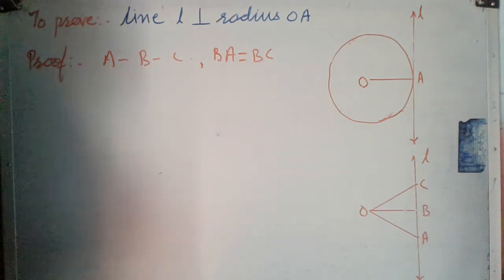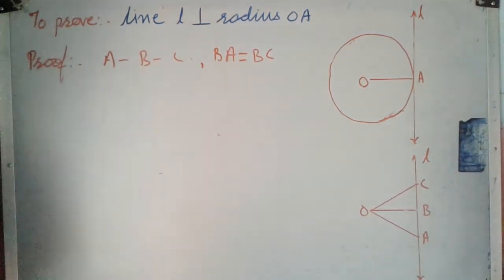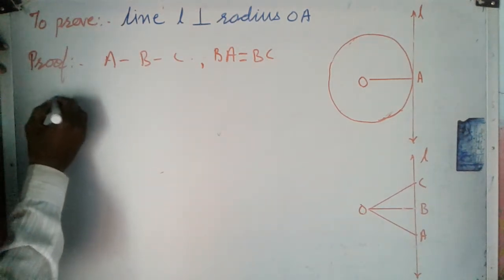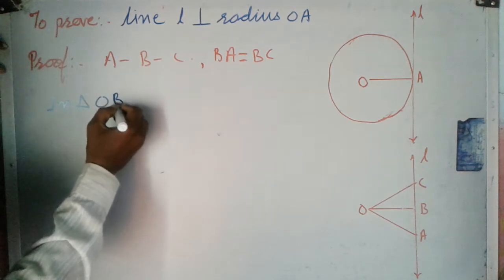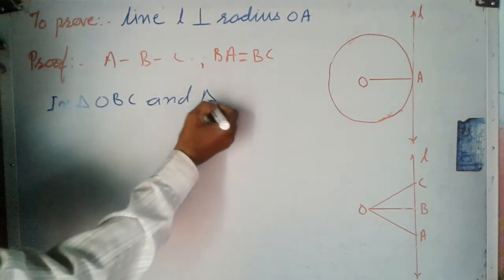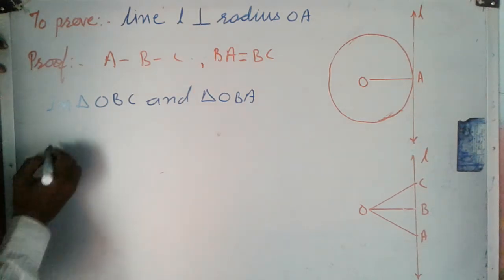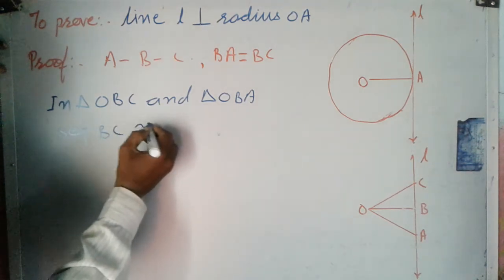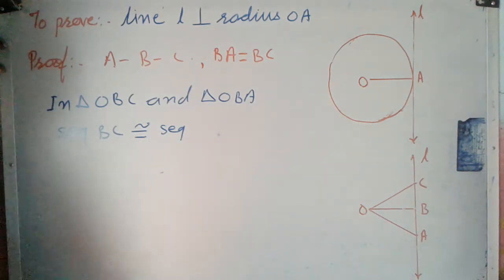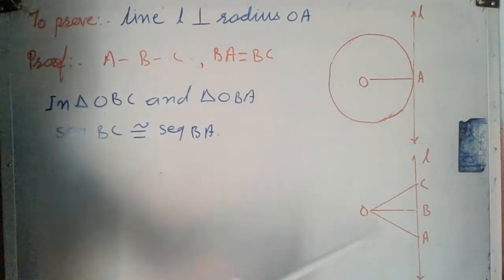Now in triangles OBC and OBA, segment BC is congruent to segment BA. The reason is construction.